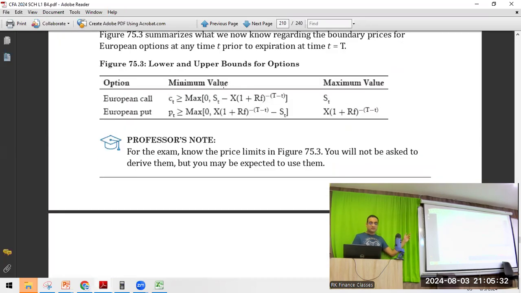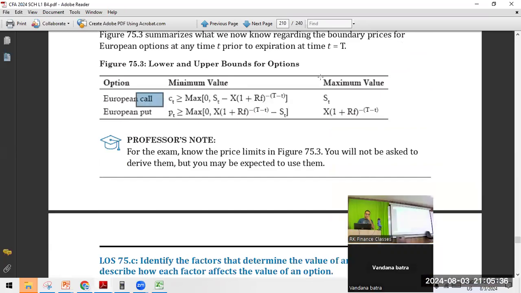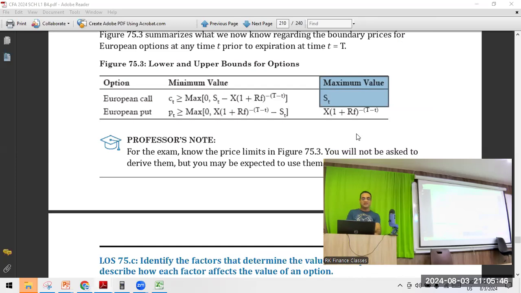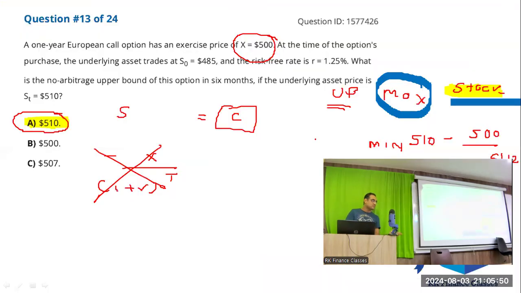Which option was it, call or put? Call option, and the maximum value is the stock price. But I don't think it is possible for me at least to remember this, so I believe you should derive it. It will be easy for you when you derive it. Did you understand the derivation, how it was done? Good. So I'll not call this a very easy question for today's lecture.